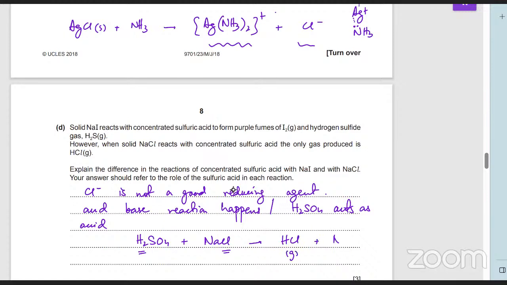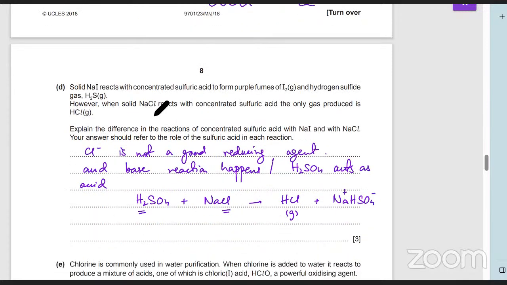And in solution, NaHSO4 would be left. I mean, HSO4-1 and Na+1, that's going to be left in the solution. So that's the first part. Now down the group, what happens? I-1 really likes to lose electrons. I-1 is a very good reducing agent.